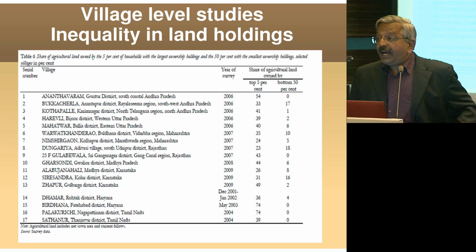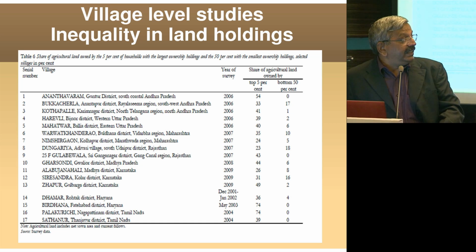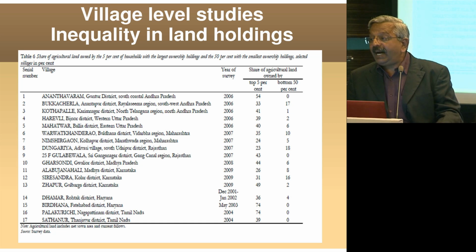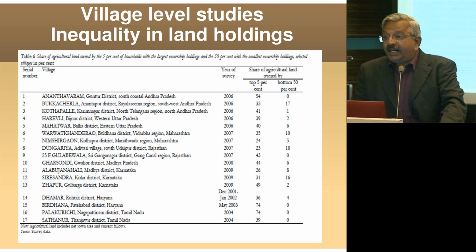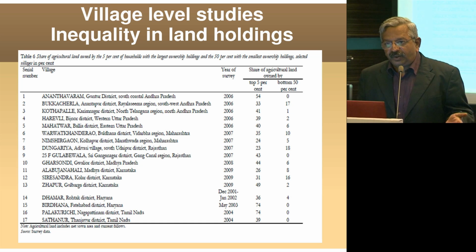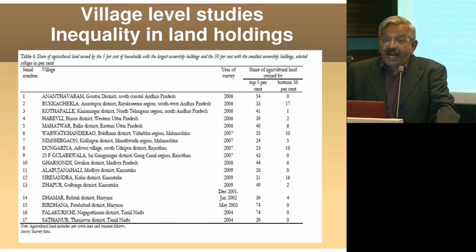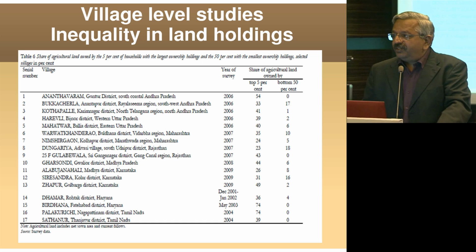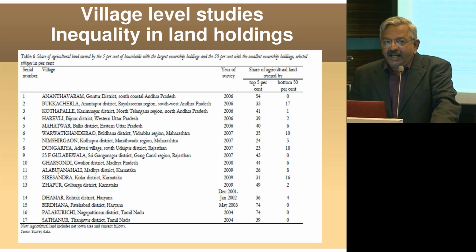But if you look at the village level studies of inequality in land holdings, the picture is actually very stark. Part of it has to do with the nature of official statistics on land ownership. The evasion of land reform regulations is the norm in rural India. And so you need to actually probe at the village level.